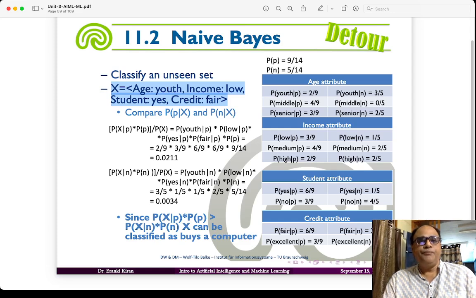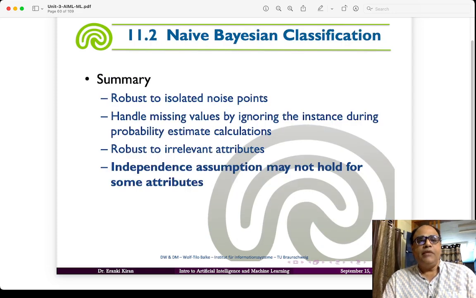Okay. So this is the naive-Bayes classifier. It is robust to isolated noise points. It can handle missing values by ignoring the instance during probability estimate calculations.